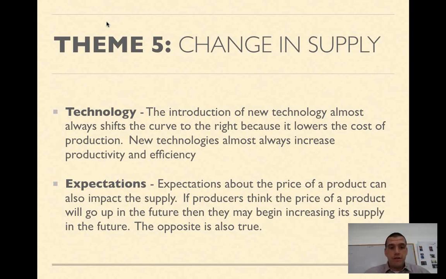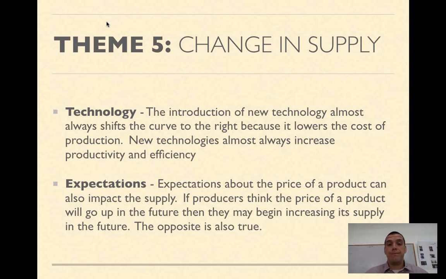Another non-price determinant: expectations. The expectations about the price of a product in the future can also impact the supply. If you're an entrepreneur, you have your own business, and you think the price of your product might go up in the future, then you might begin decreasing its supply in advance, in hopes that the price will go up and you'll be ready to put your product out onto the market.